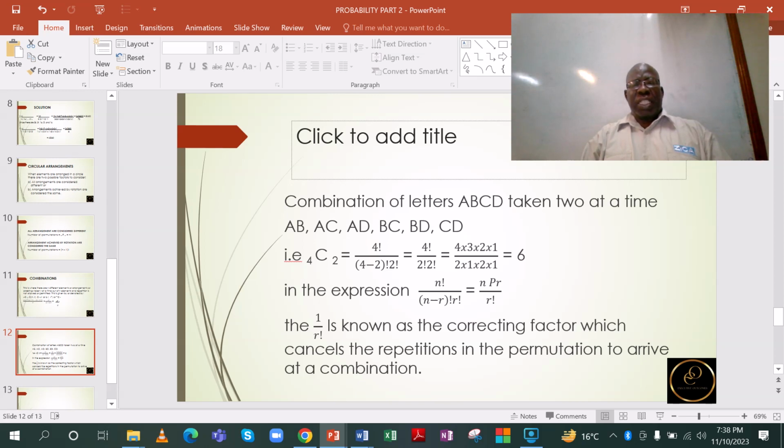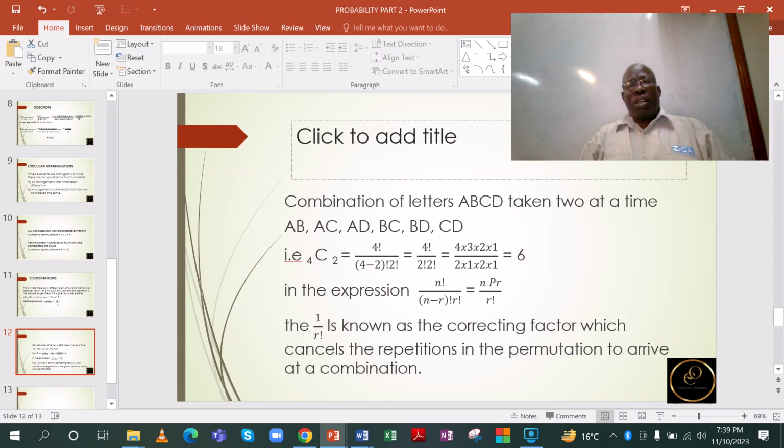You can see in these letters, unlike where we had the permutation, we would have seen BA after AB, CA after AC, DA after AD, meaning that the same elements are repeated. But this is not the case under combination because repetition is not allowed. Because of that, you end up having the model represented like this, where there is a correction factor.